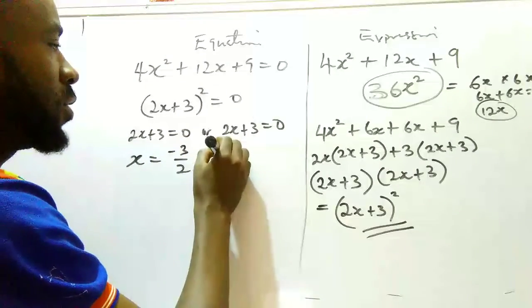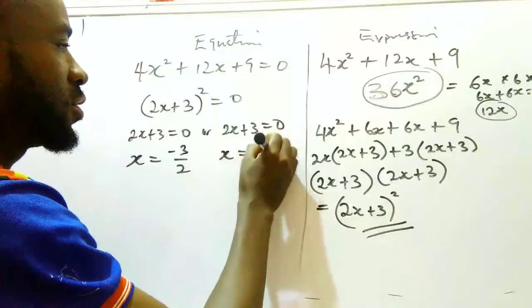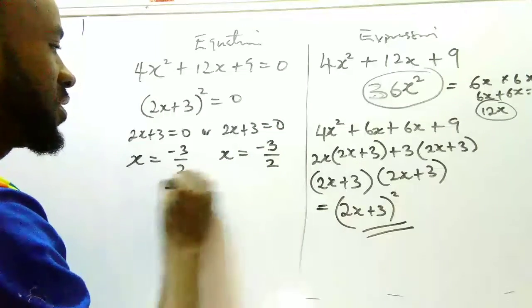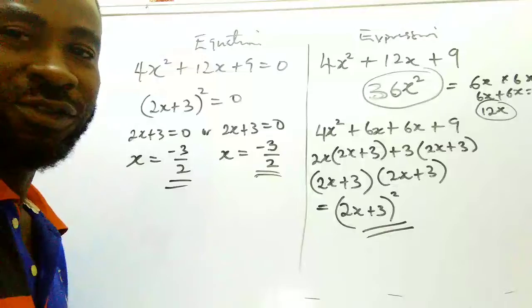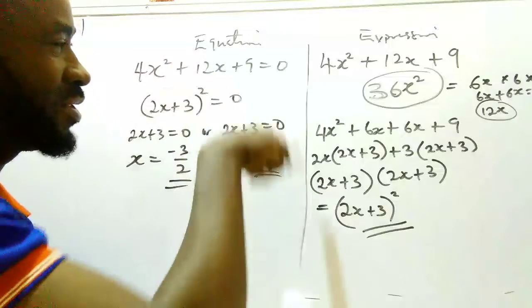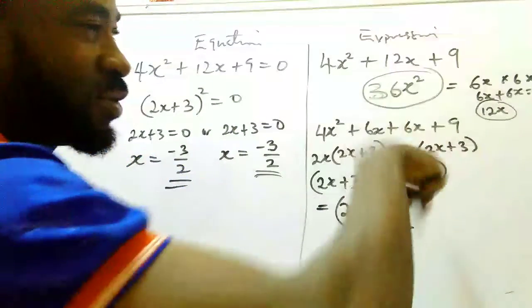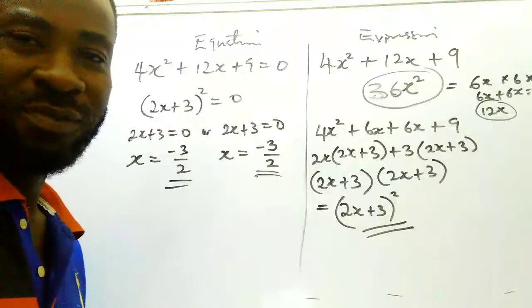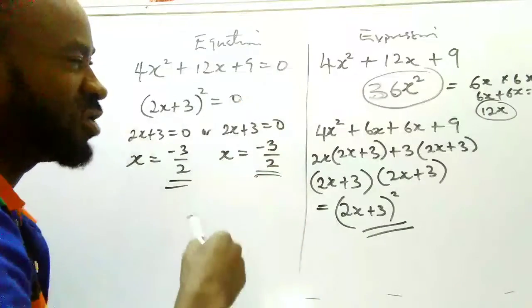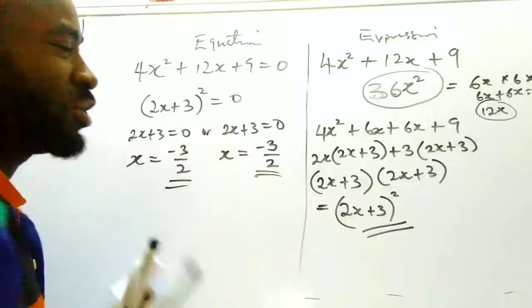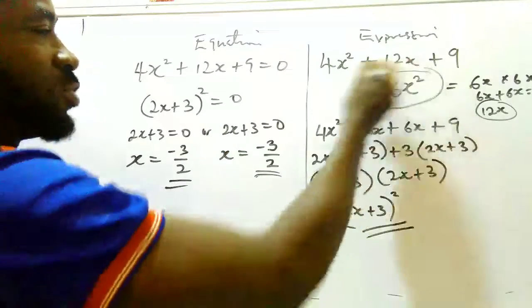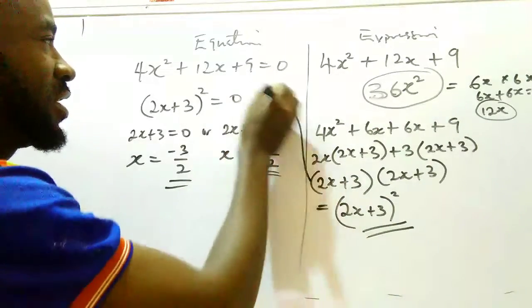I believe we all know how to solve a simple equation. And so this is our solution. So this is how to solve a quadratic equation, and this is how to factorize a quadratic expression. So we have solved this quadratic equation using the factorization method. Remember, all these processes here are what led us to this.